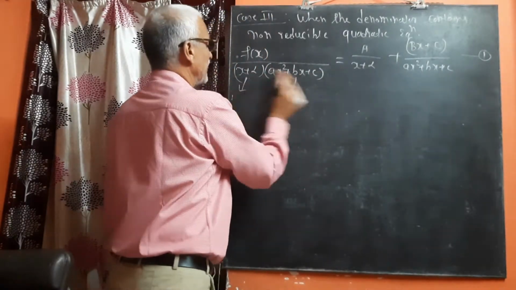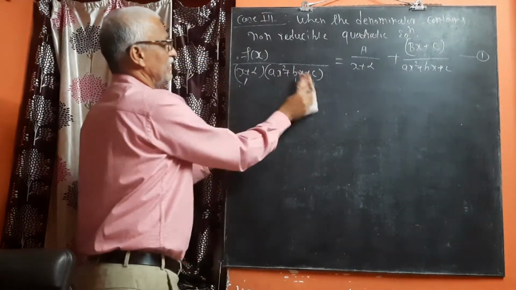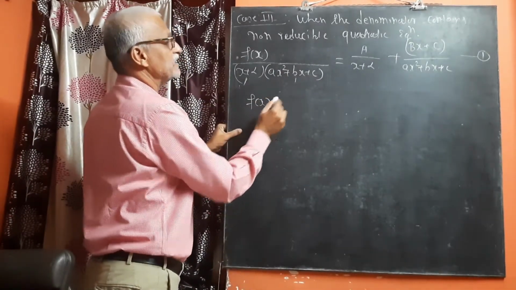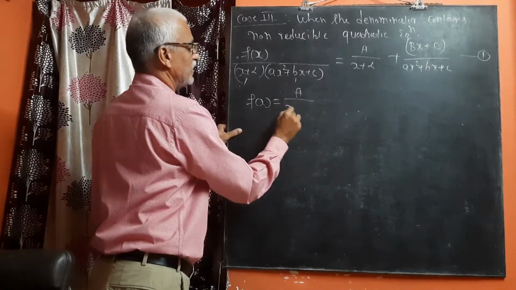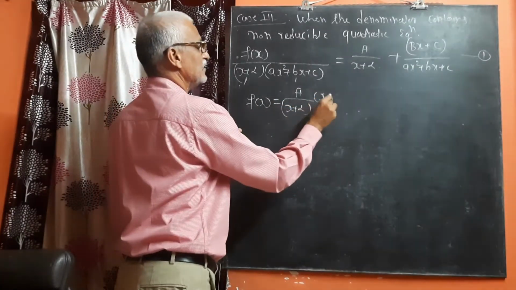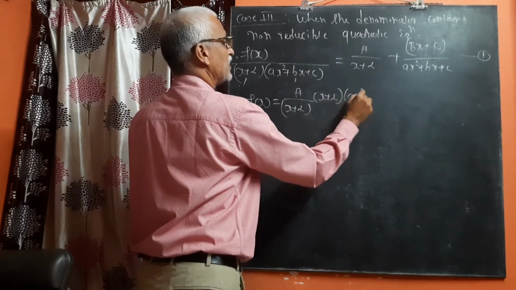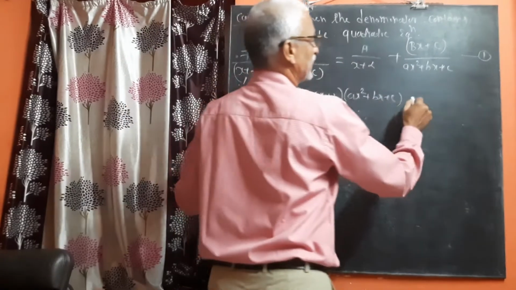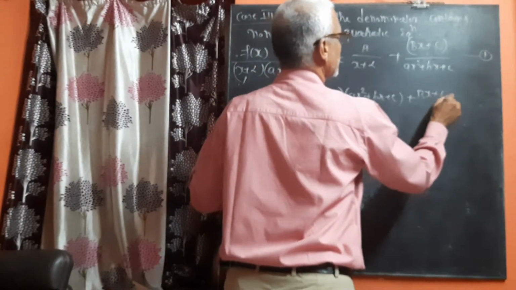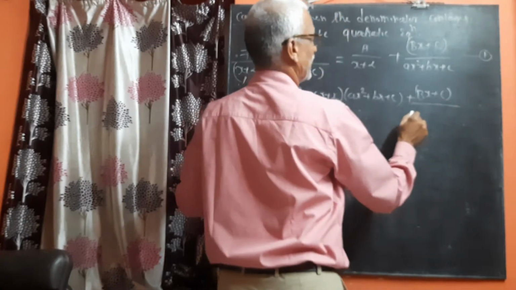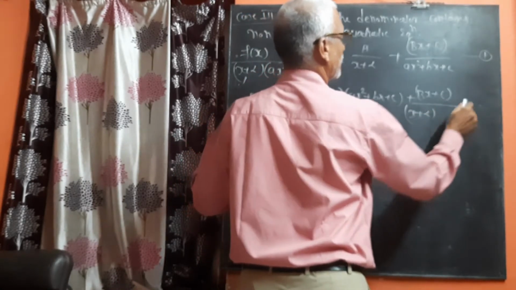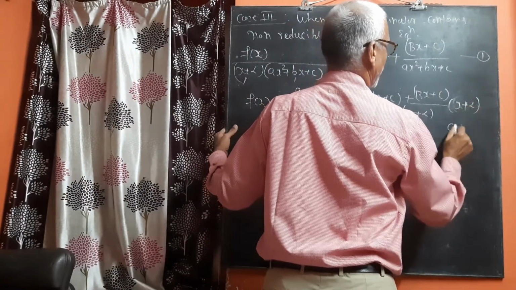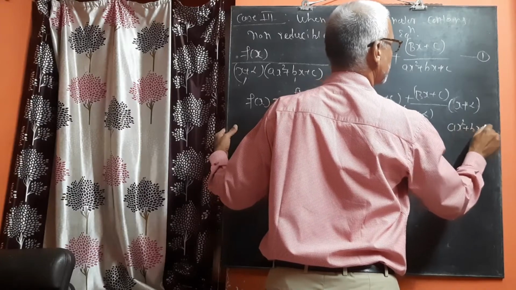Now cross multiply it. If we cross multiply it, see here, what will you get? F of x is equal to A upon x plus alpha into x plus alpha into ax square plus bx plus c. This goes here, plus Bx plus C, I put here in bracket, divided by x plus alpha into ax square plus bx plus c.